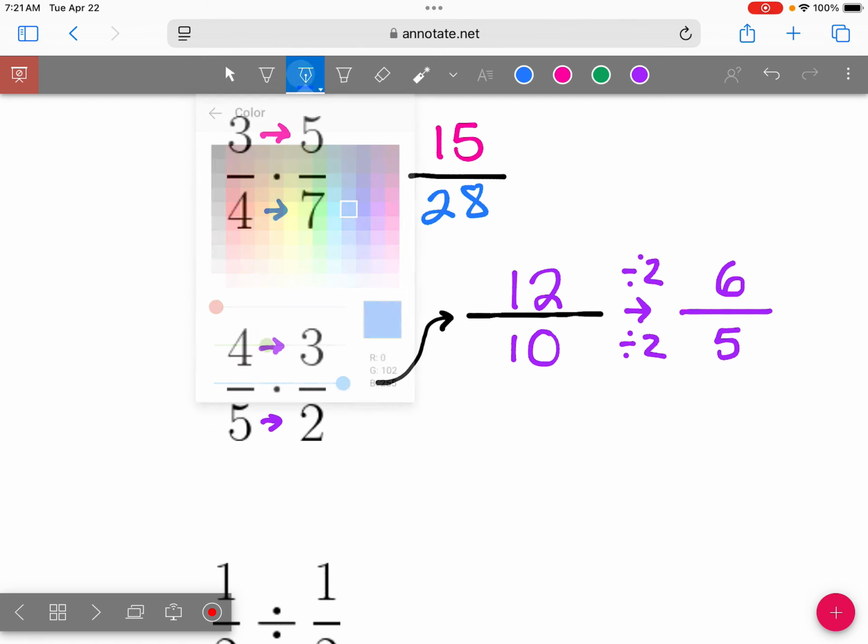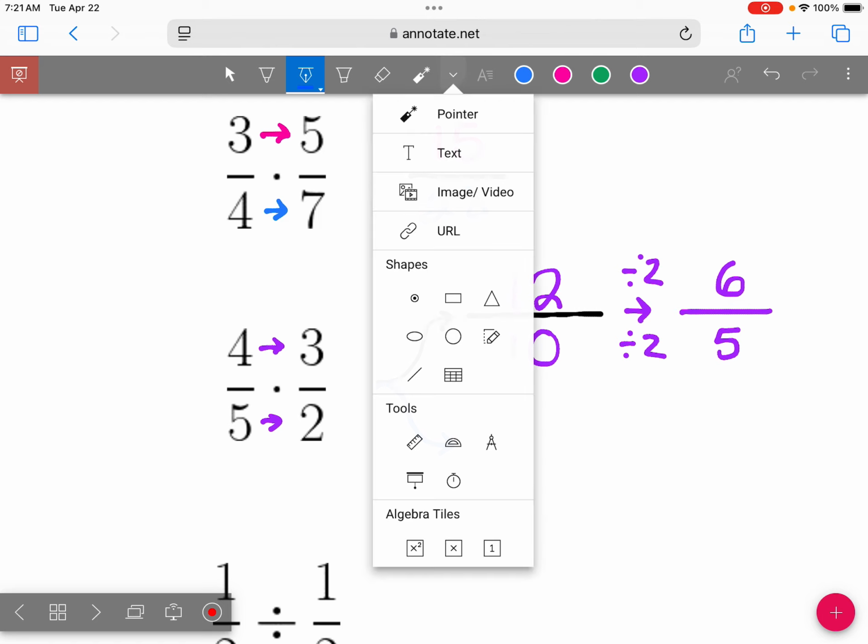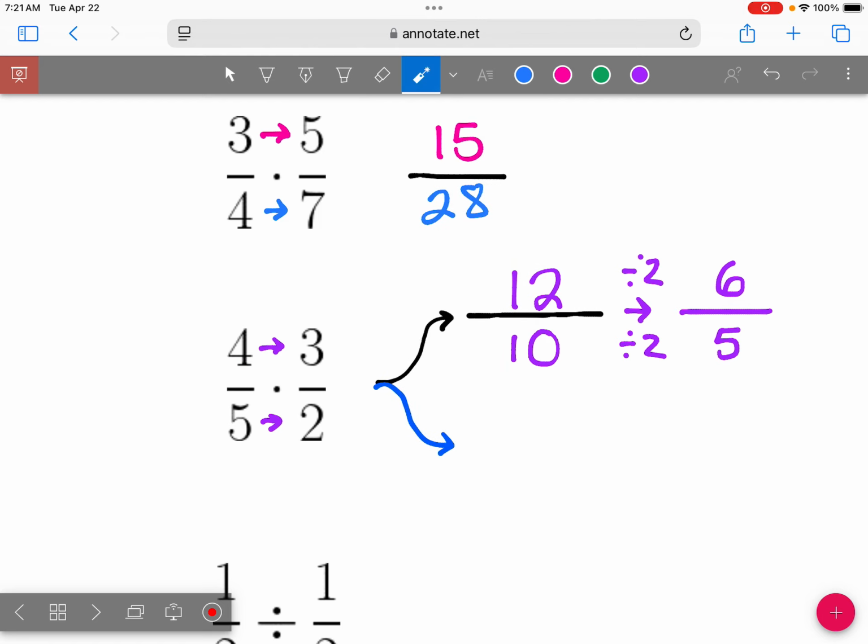Or you can look at this and go, hey, wait a second. I notice that we've got a 2 and a 4, and we can simplify out here. So this 2 can cancel out with the 4, and you can do it like that. Which would then put us directly at 2 times 3 being 6, 5 times 1 being 5.